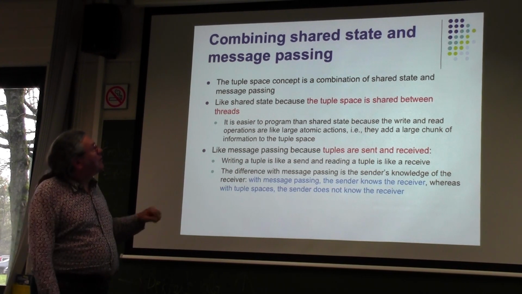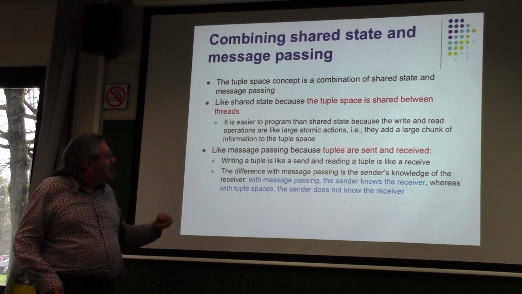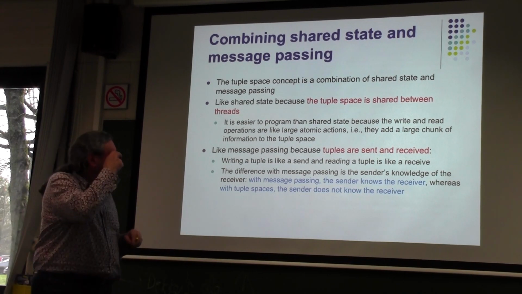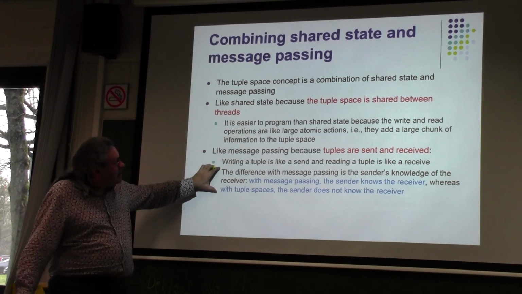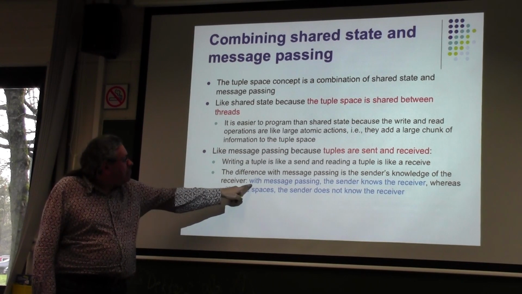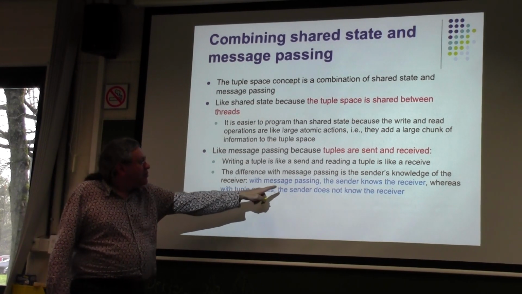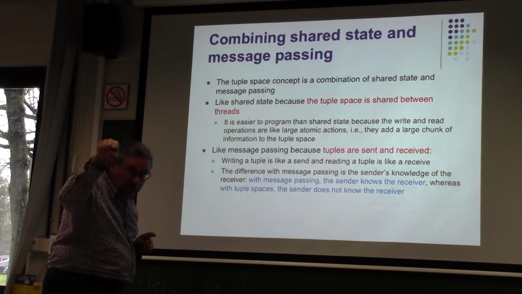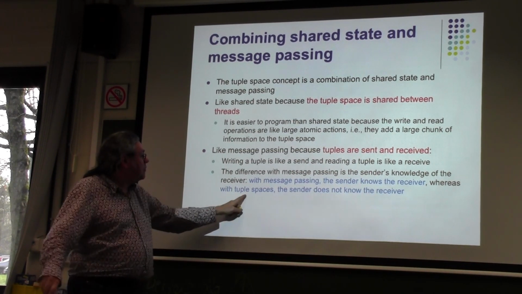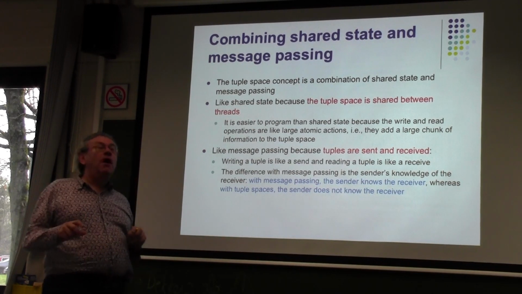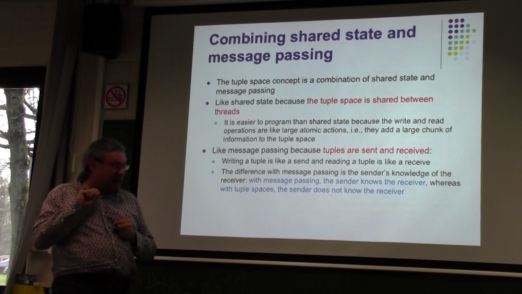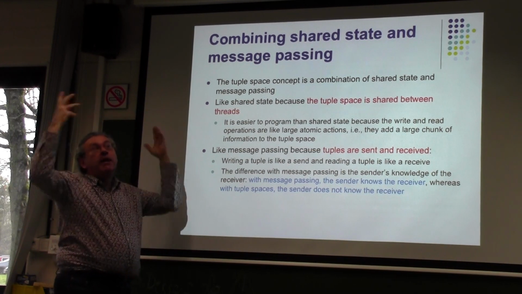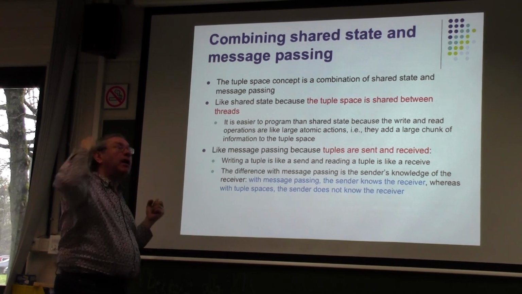But it's actually much better than shared state. Huh? It actually has a lot of the goodness of message passing. And the basic difference is very interesting. So with message passing, the sender knows the receiver. I send a message to you, and I know your name. But with tuple spaces, the sender does not know the receiver. The sender sends a message, puts a tuple, and the receiver can be anybody who takes that tuple out.